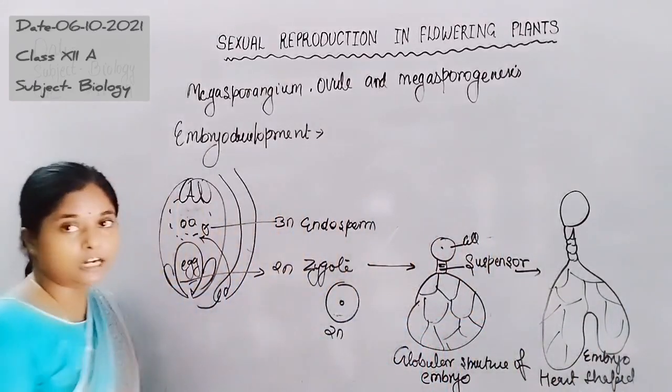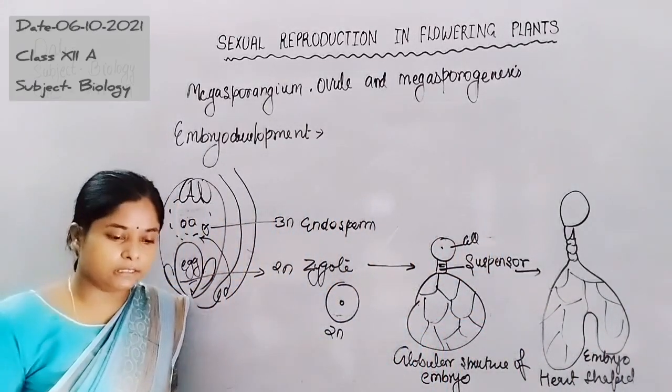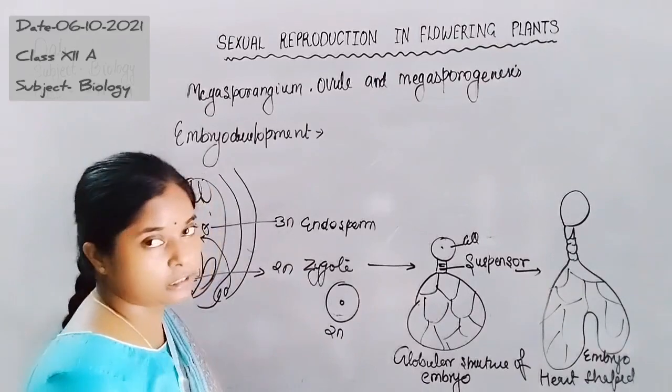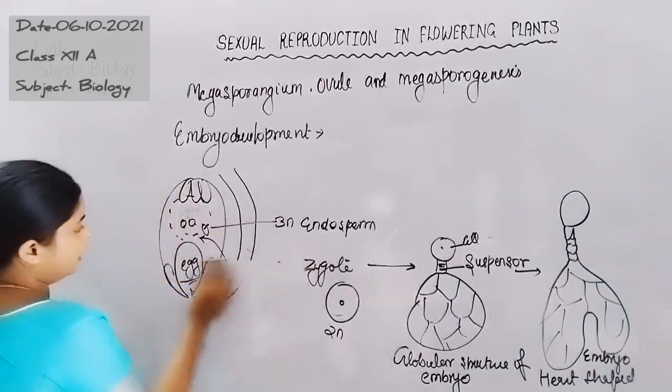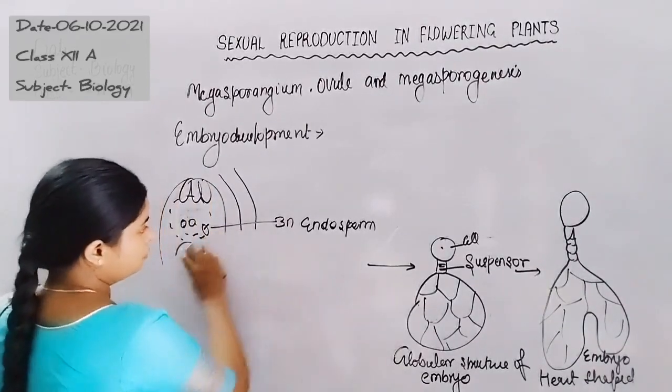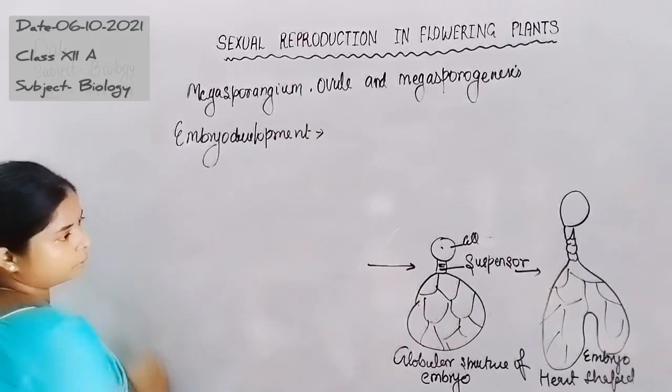The enlargement of the cotyledons and the formation of cotyledons takes place in the embryo. So what will be the structure of the mature embryo? I will draw it here.